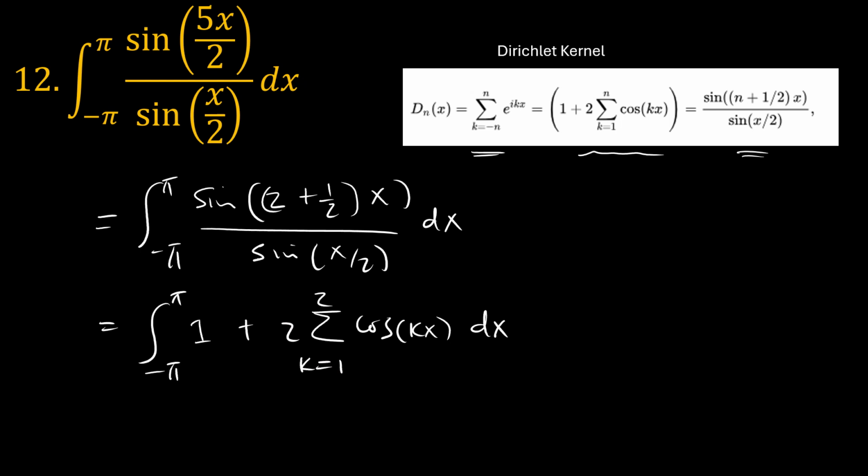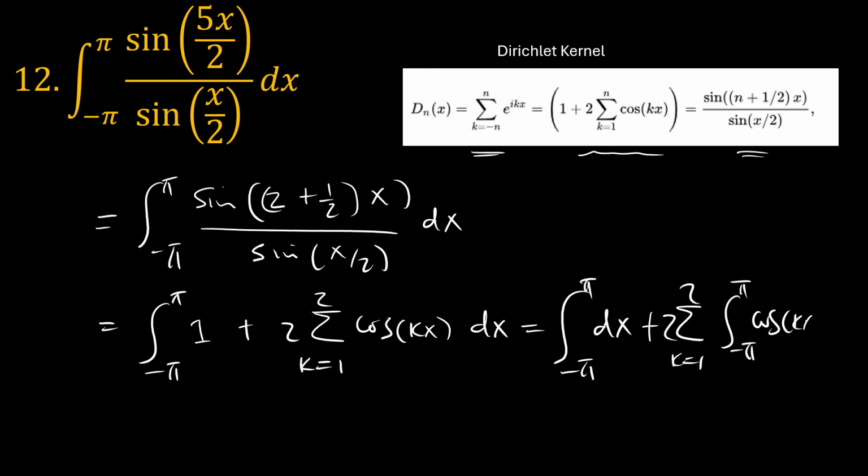So this is the same as the integral of 1 plus twice the summation from k equals 1 to 2 of cosine kx.